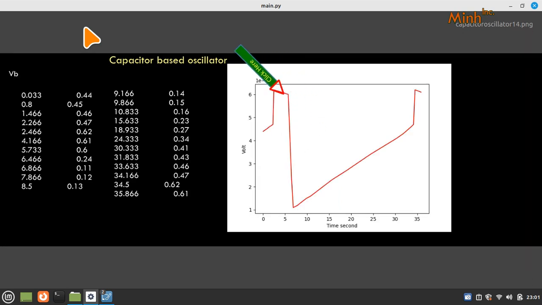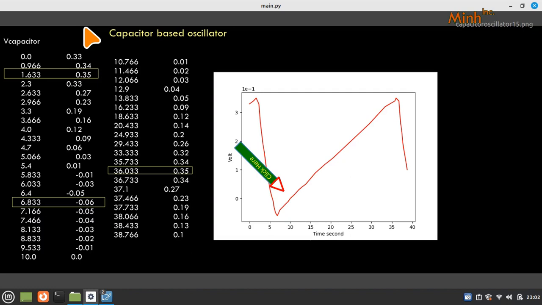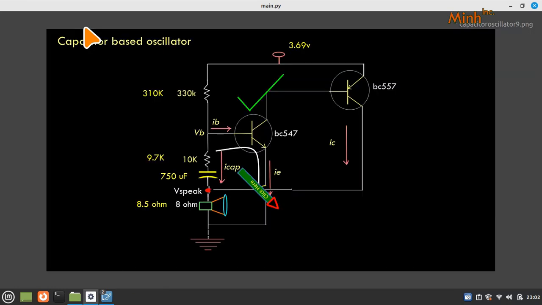It stays at one location and goes down completely and instantly, behaving like a switch. When the capacitor is discharged completely, the transistor becomes switched off. When the transistor is switched off, this path to the right side has infinite resistance, and the capacitor starts charging again. So this keeps happening.